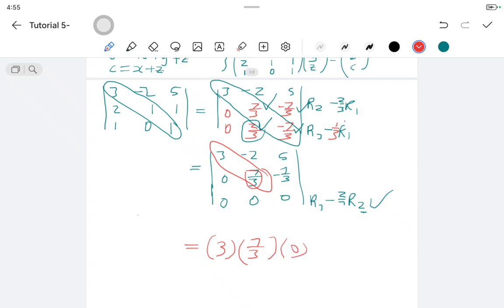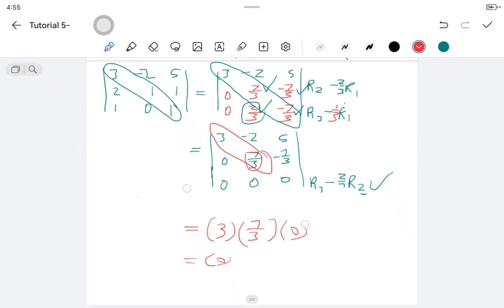3 times 0, this will be equal to 0. Meaning the system is inconsistent.